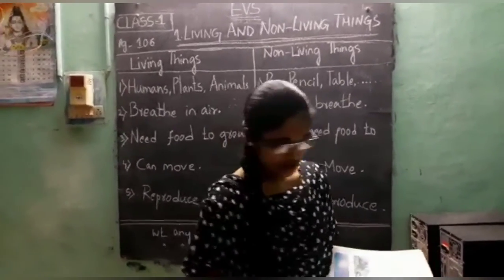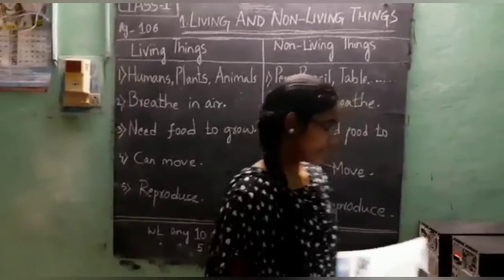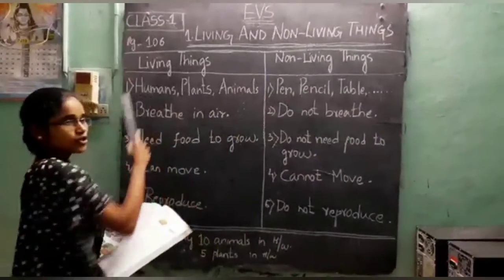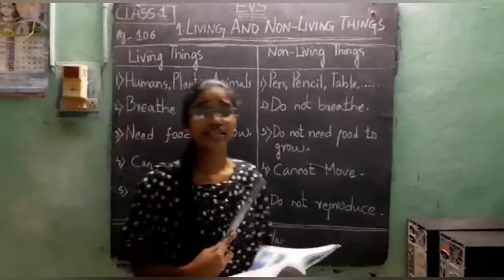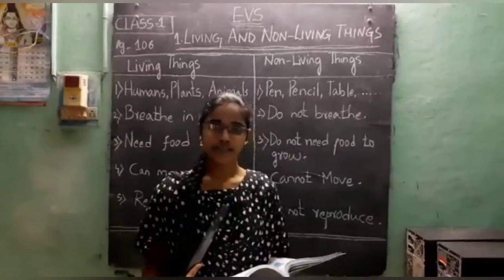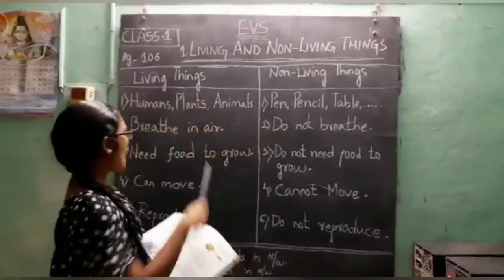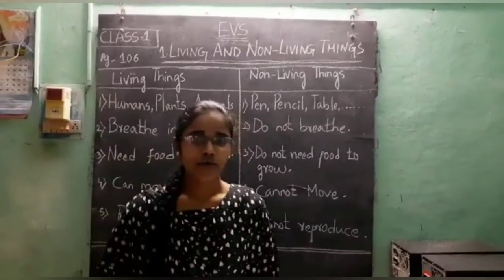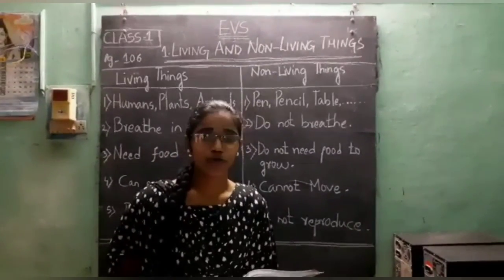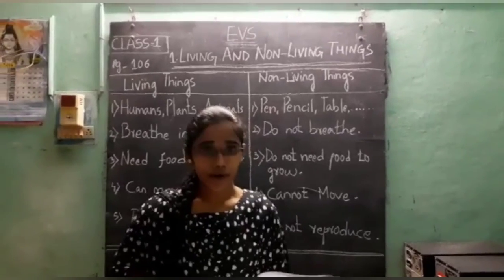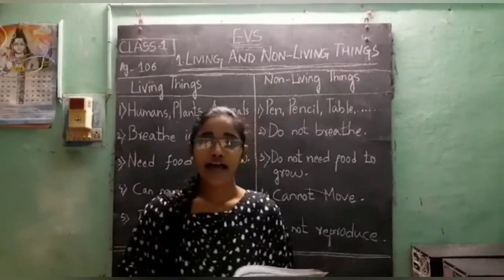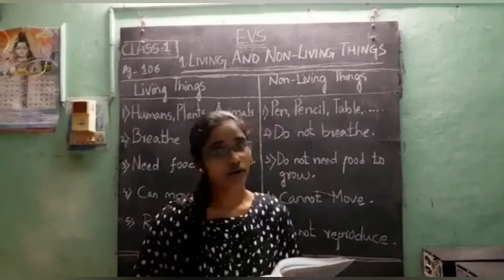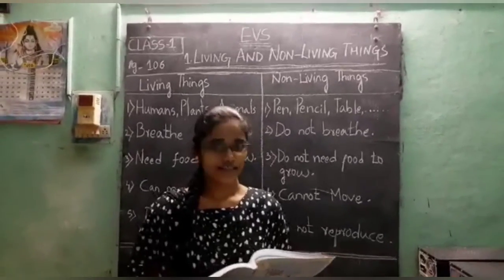Okay children? Now what are living things? Humans. We are humans. And animals, plants. You saw in the last class. What are plants? Mango tree, papaya tree and rose plant, etc.